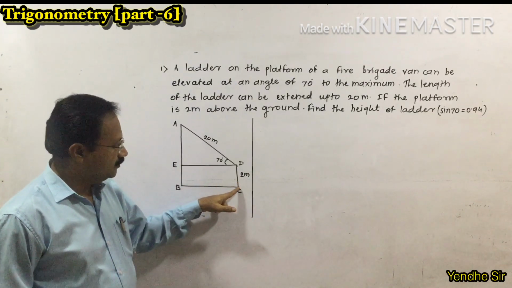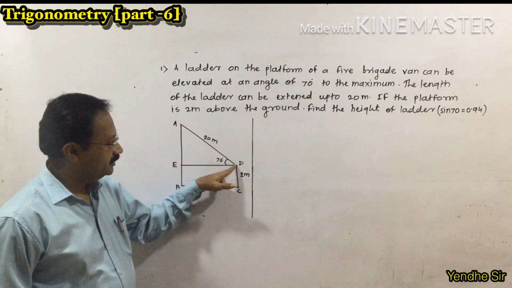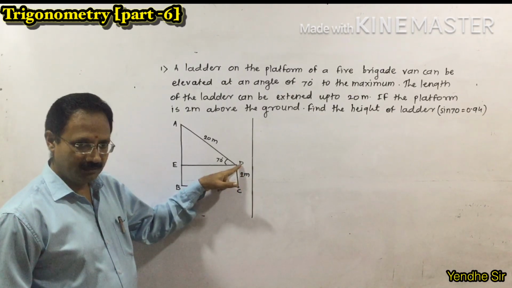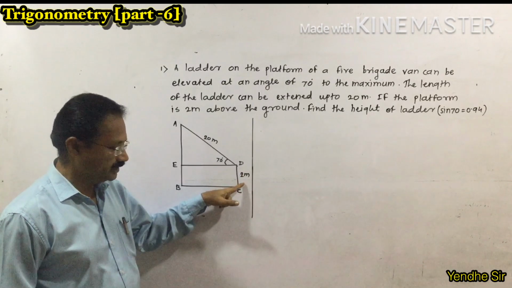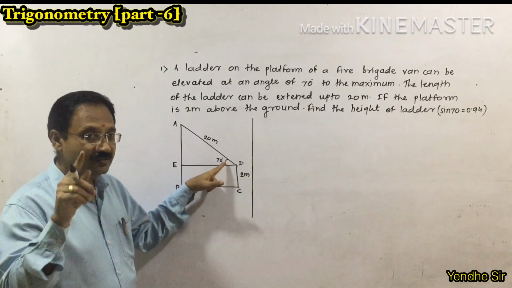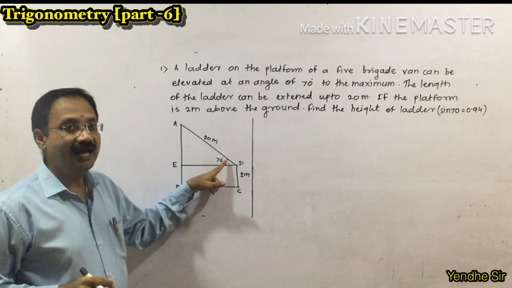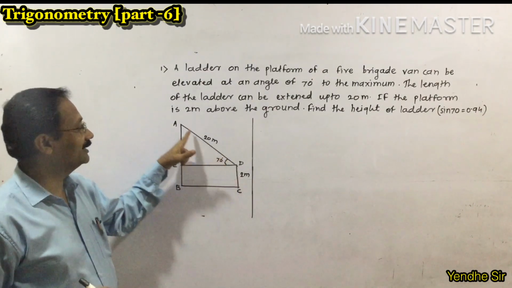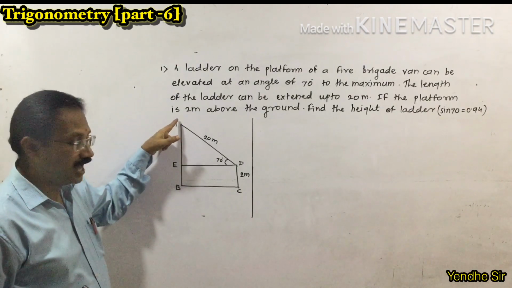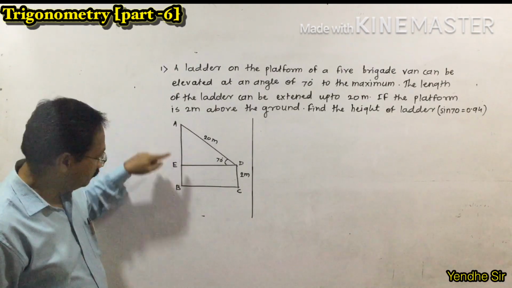Above the ground, if I take the ladder up to 2 meters above, it means this distance is 2 meters, then it makes an angle of elevation of 70 degrees, and then it can be extended up to 20 meters. So you have to find out the height of the ladder from the ground.